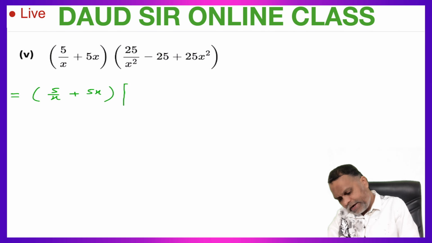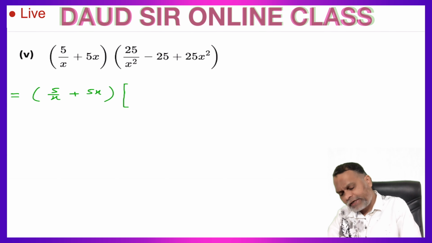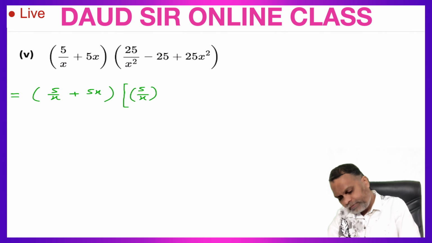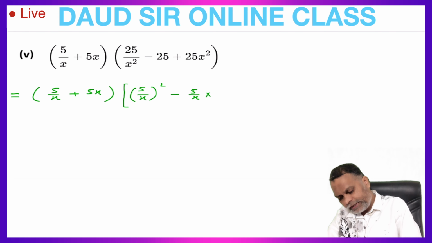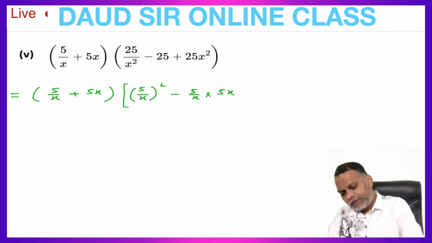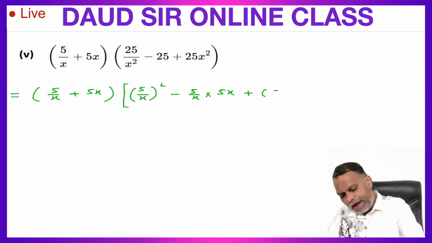In the second bracket, 25/x² can be written as (5/x)², minus 25 can be written as 5/x into 5x, where this x will be cancelled, minus 25, and 25x² can be written as (5x)².